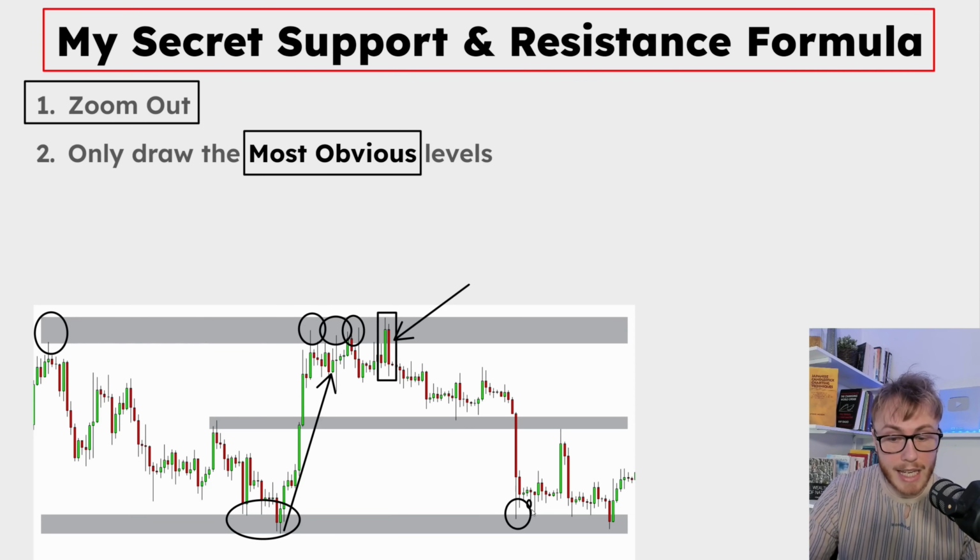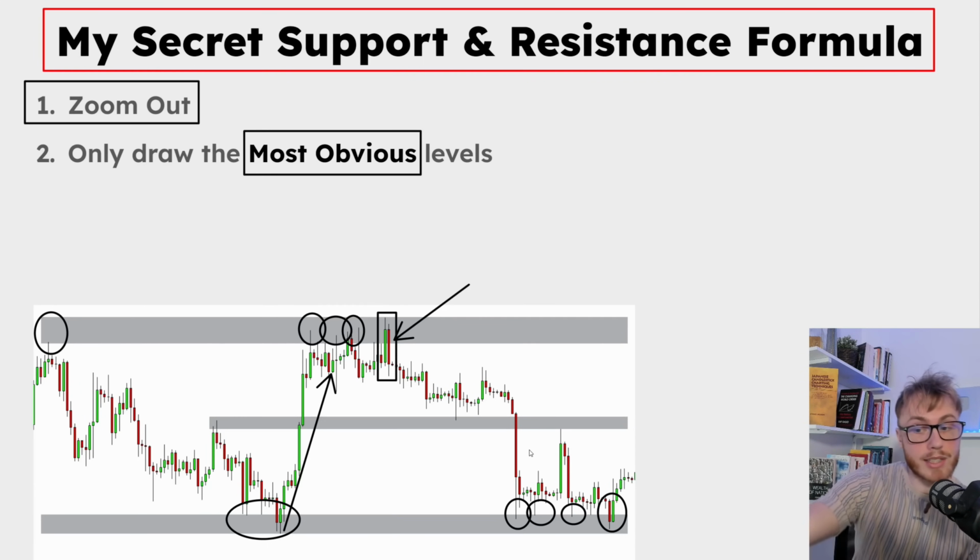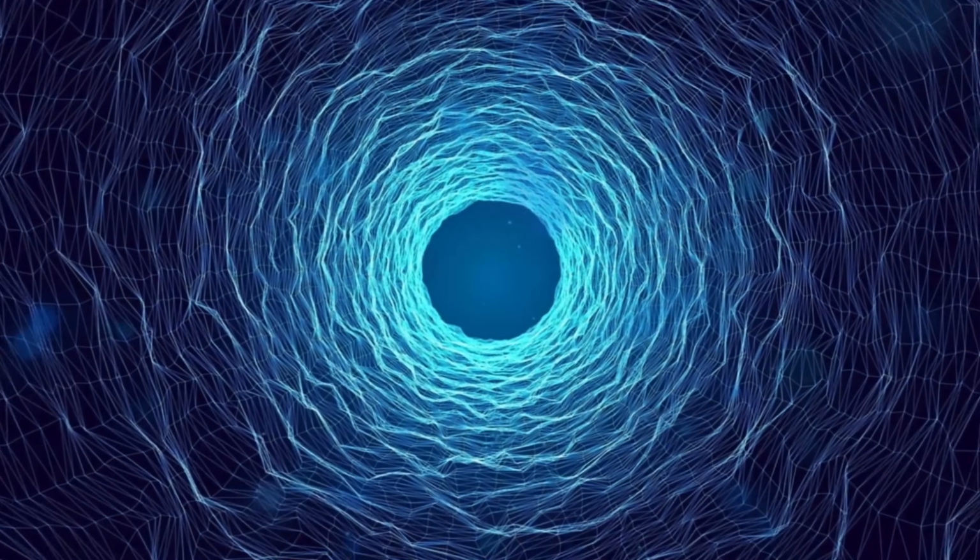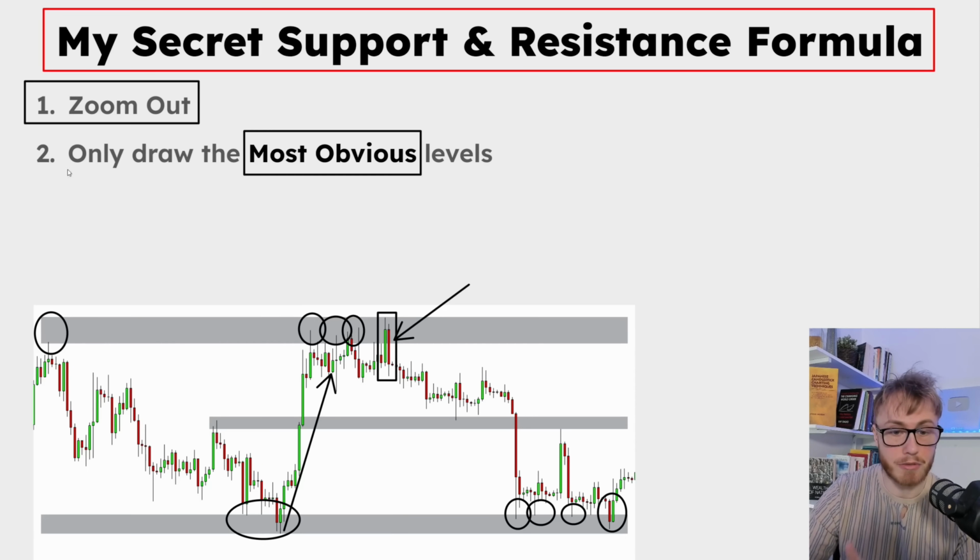Well, buyers came in multiple times at the support level. So this is yet another obvious level here on the chart. And we're actually very soon going to take a look at how this chart actually played out in the future. So stay tuned for that. But before we do that, we have some other rules you need to pay attention to.